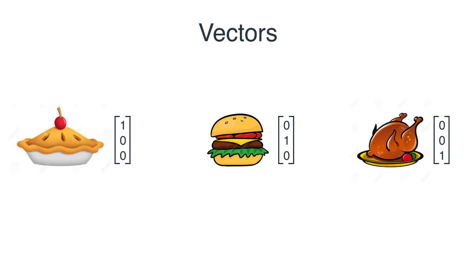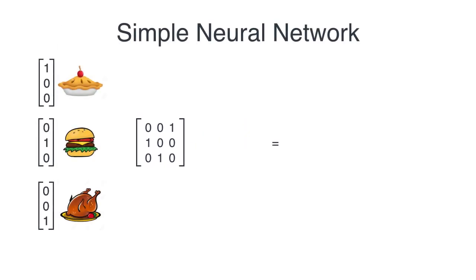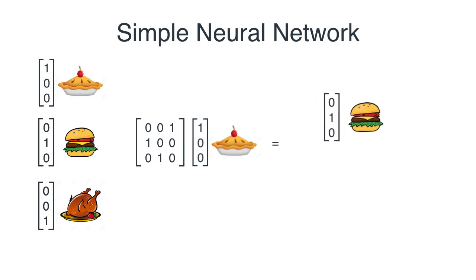And let's make a neural network that will do the job. And that neural network is going to be this matrix. Also very, very simple matrix. Because what this matrix does is the following. If we multiply it, for example, by the vector of the apple pie, if you take a look, we're going to get this vector, which is the vector corresponding to a burger.